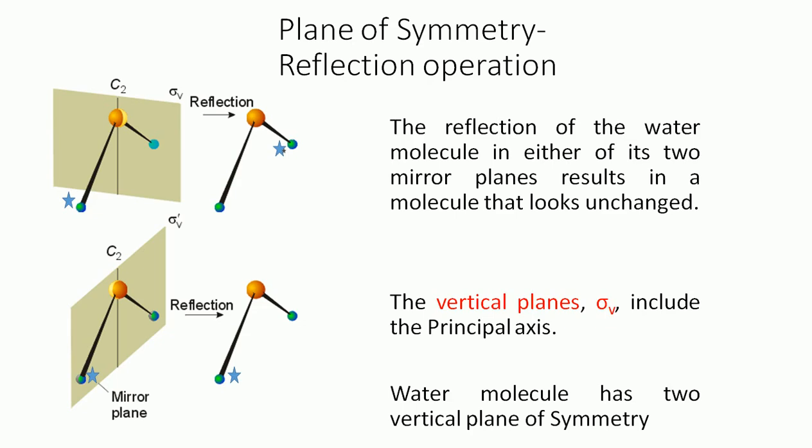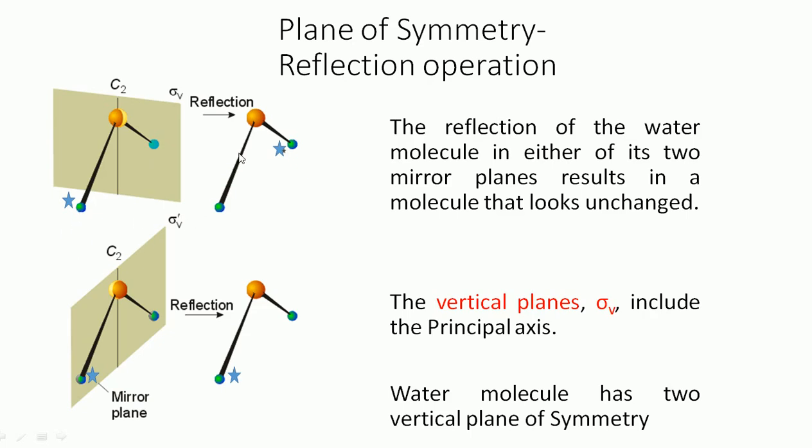And here we are reflecting this molecule through this plane, so that this starred hydrogen atom will trade its position here and the other hydrogen atom will take the position here.